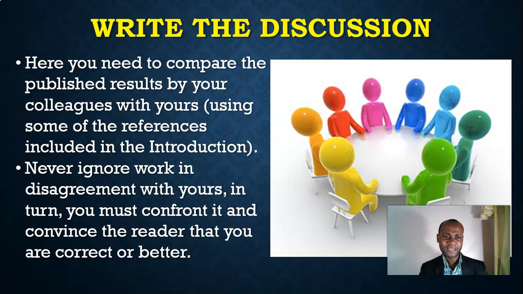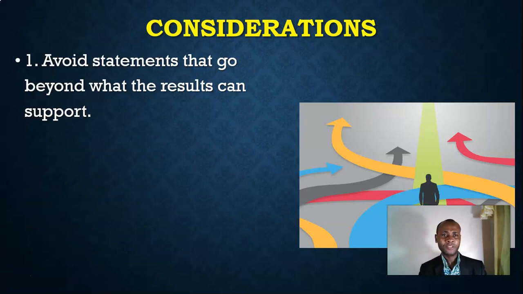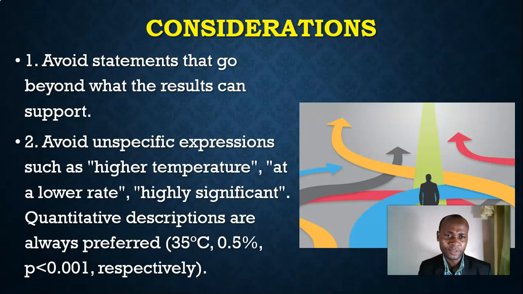Never ignore work in disagreement with yours. In turn, you must confront it and convince the reader that you are correct. So avoid statements that go beyond what the results can support.